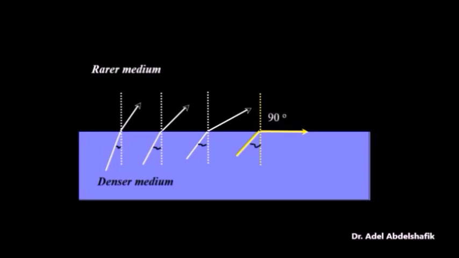The rays at that point will come parallel to the surface. In this situation, the angle of incidence is called the critical angle.